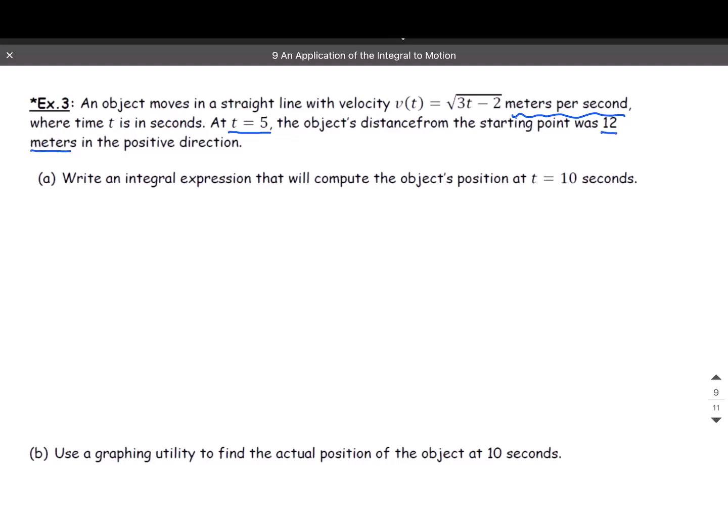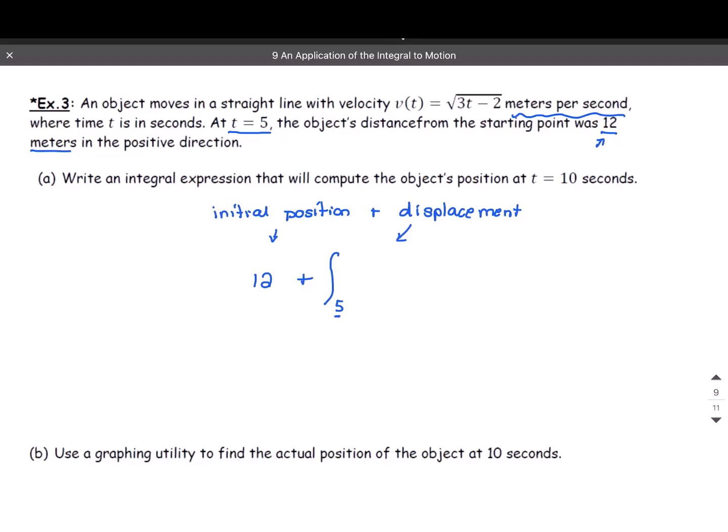Okay, so now we want to write an integral expression that will compute the object's position at t equals 10 seconds. So what we do is we need the initial position plus the displacement. Well, the initial position is 12, plus the displacement is the integral, because 12 is over here, but when did that happen? At time 5.